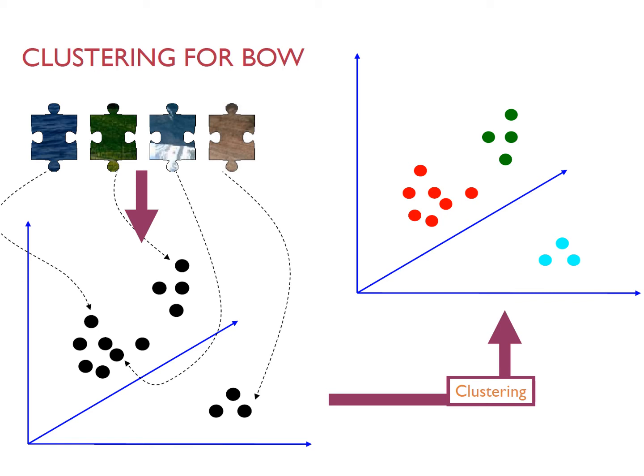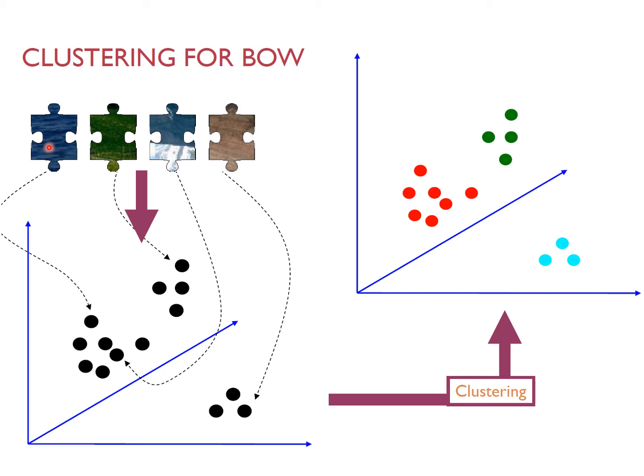And then how to create a dictionary? Then you need to do the classic clustering. In machine learning, I'm not sure how many different types of clustering methods you have learned. We're just assuming that you have the basic concept of what clustering is. In a feature space, a local image patch can be converted into a feature vector.